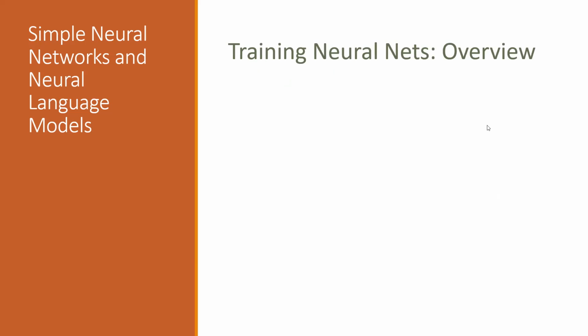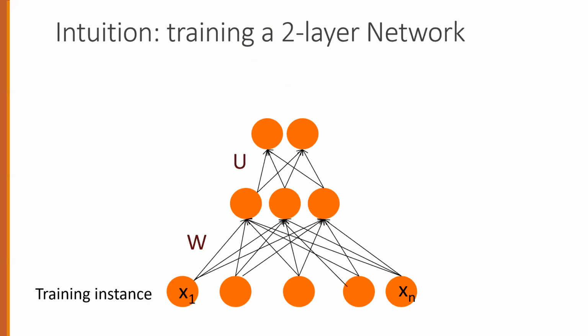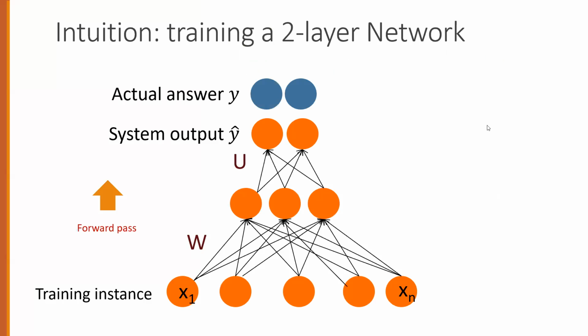Now, how do we train neural networks? Let's start with an overview. The intuition of neural net training is the forward computation of the loss and the backward computation of the weight updates.